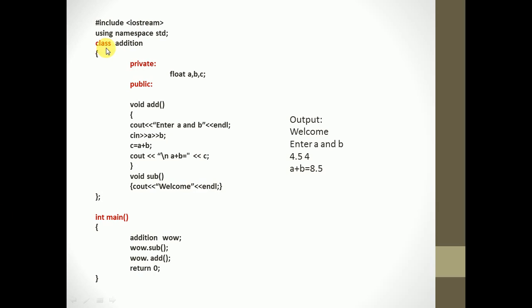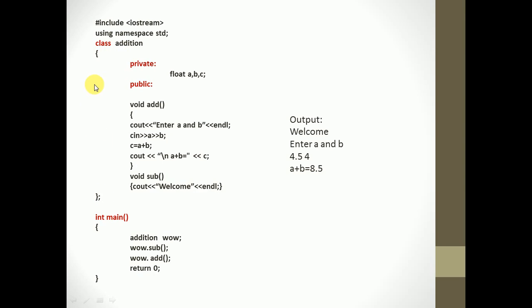And now what is our class name? Addition. Now I am going to add two numbers and put the result in another variable using the concept of classes and objects. Now class addition. Immediately I have opened the class, and somewhere I need to close it. Yes, here I have closed it with a closing bracket and a semicolon.